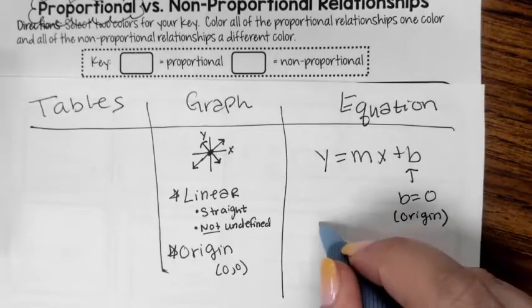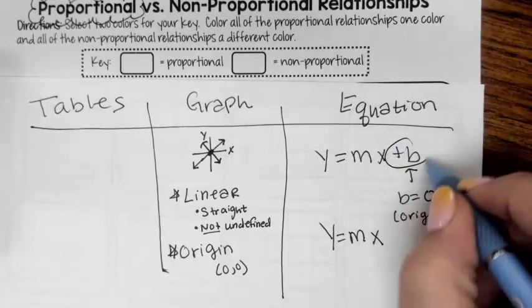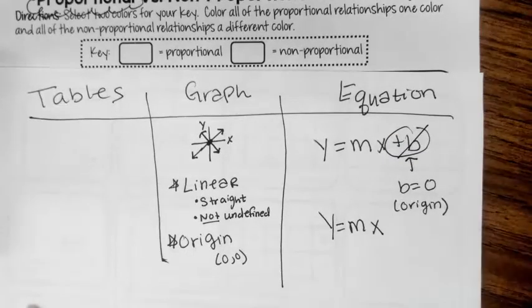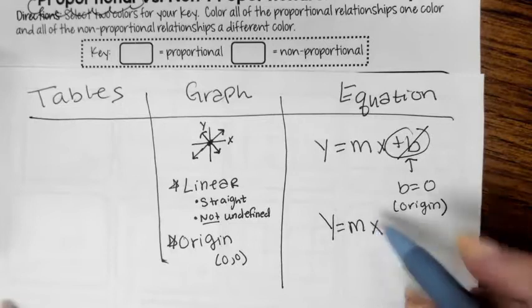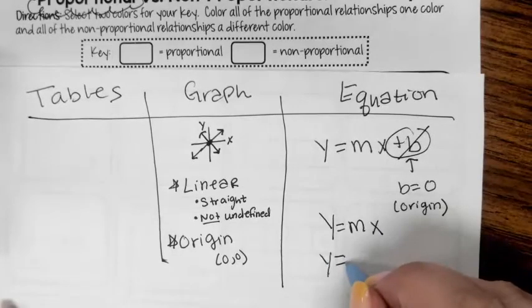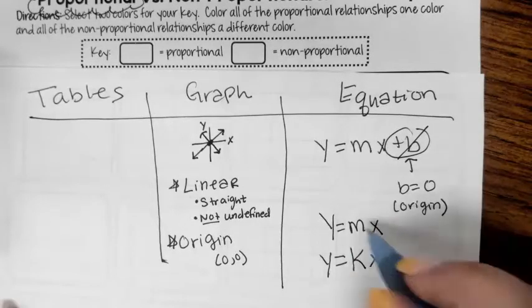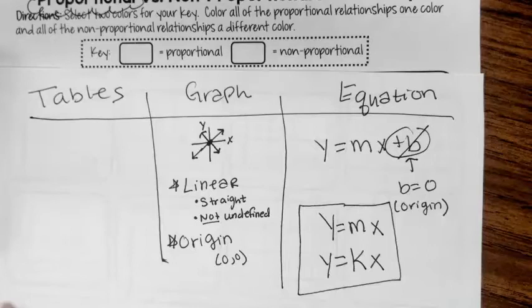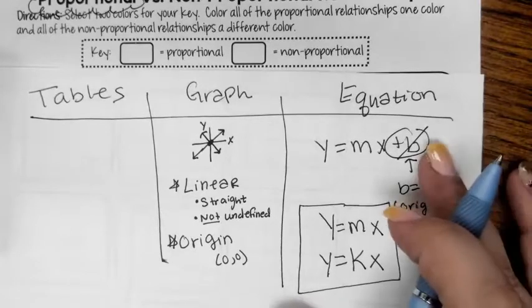So what your equation really looks like is y equals mx, because that needs to be 0. Because proportional relationships are so special, instead of calling it mx, we actually give the slope there a new letter called k. So in an equation, it will look like this. Y equals some number times x.